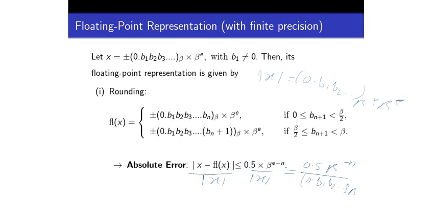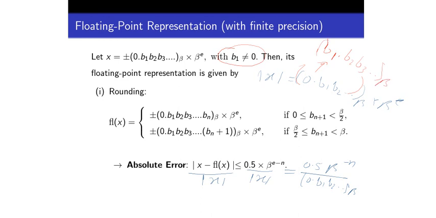Since b1 is non-zero, I can write this bracket one as b1.b2 b3 and so on, with base beta.